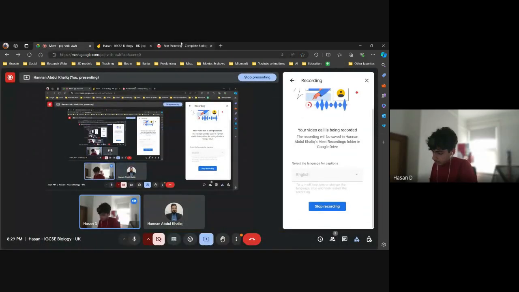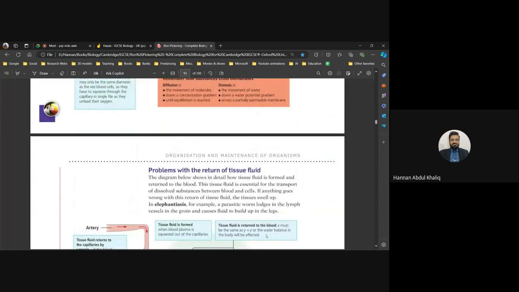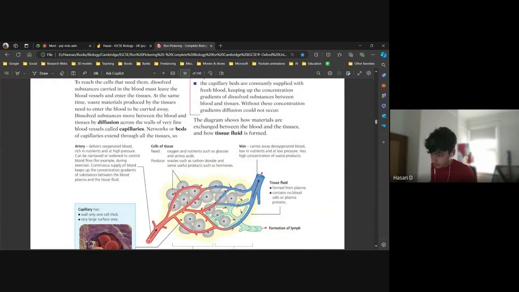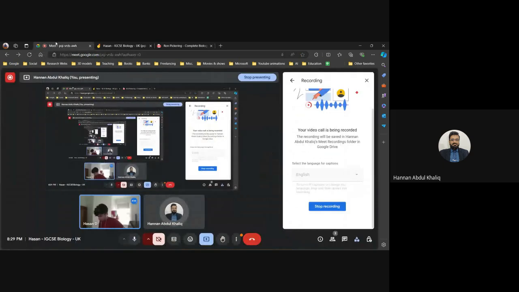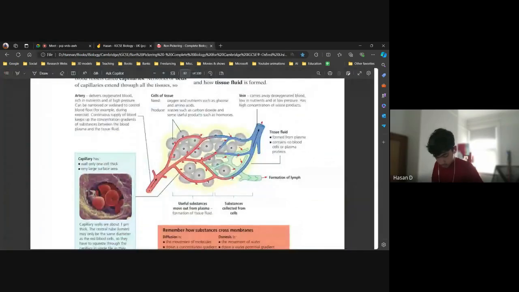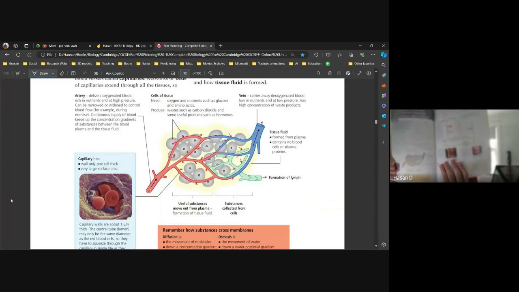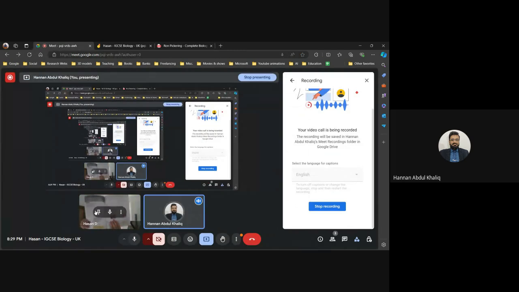Let me just look at the contents. Okay, please be quick. What's the title of your page? I found it. Do you see this diagram? Yeah, I found the page. It's this diagram, right? Can you see it? Yes, the page on your left.